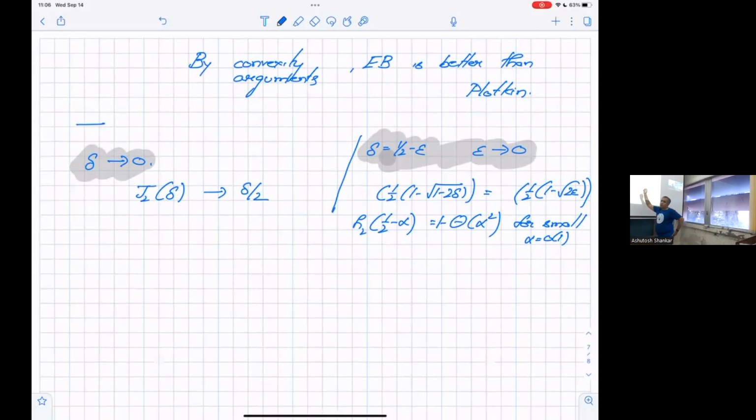Therefore, the bound on rate you get over here is that the rate is order epsilon. So here you get the rate with order epsilon. This is what the EB bound is giving you.